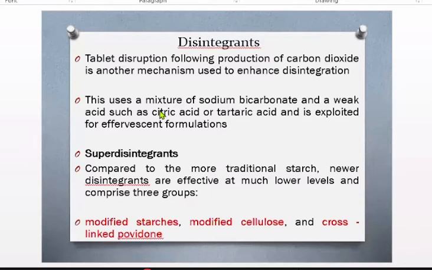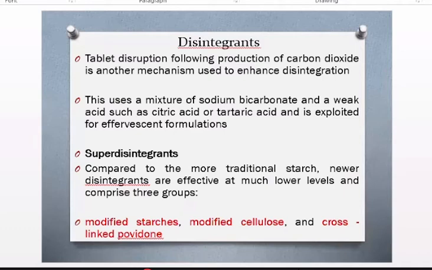You have what we refer to as super disintegrants. So here, compared to the more traditional starch, newer disintegrants are effective at much lower levels and comprise 3 groups. You've got modified starches, modified cellulose, and cross-linked povidone.